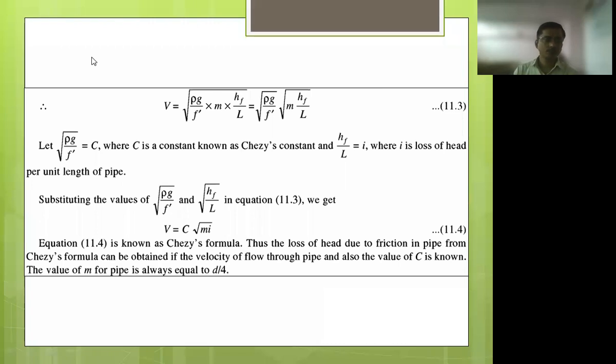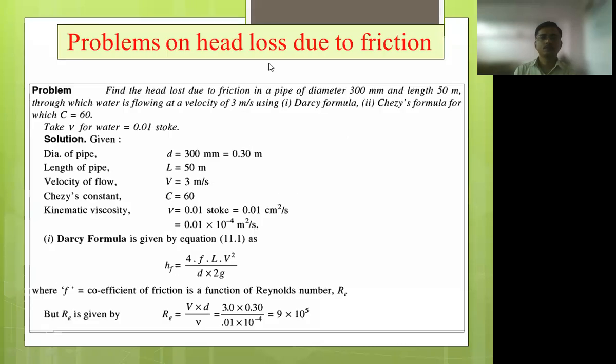Now here we will solve one problem. Write down the title: Problems on head loss due to friction. Write down the problem.